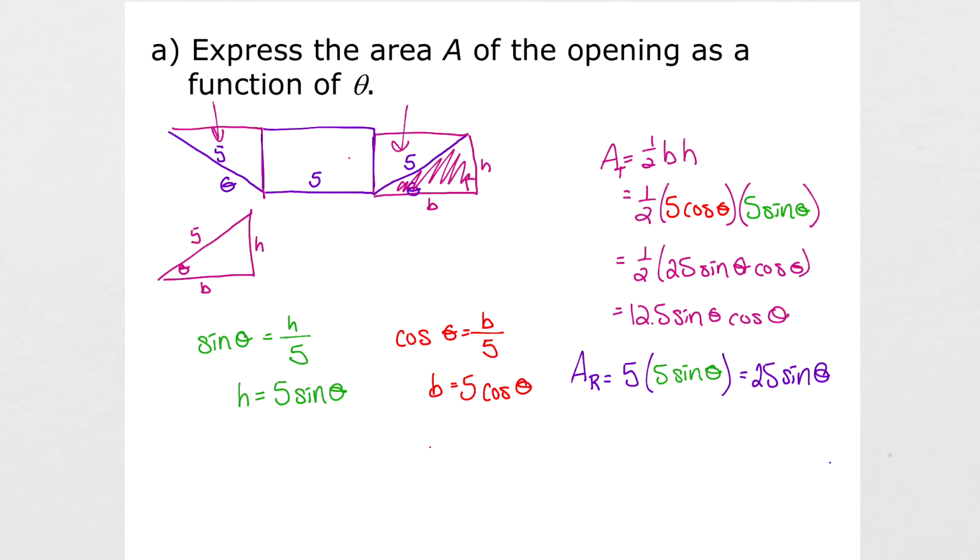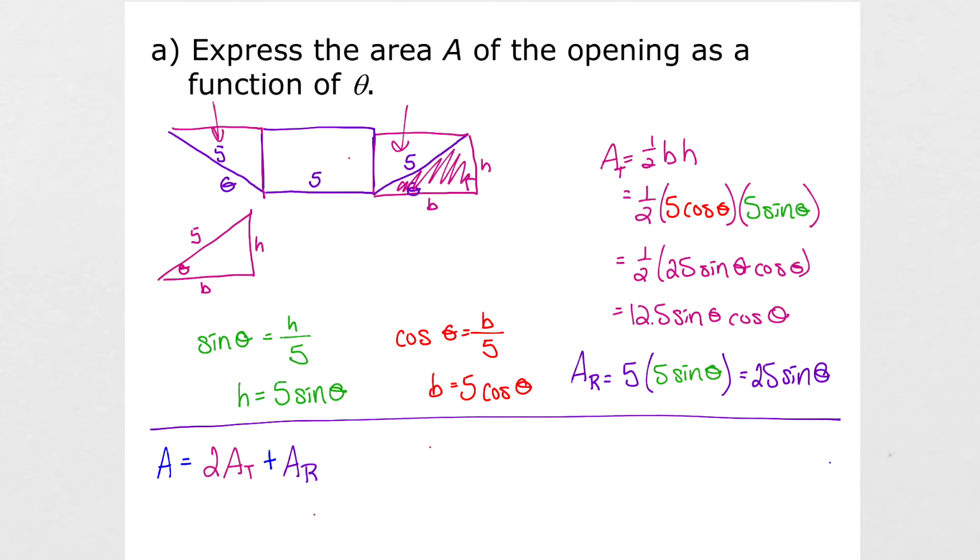So to find the area of the whole thing, we're going to take the area of our triangles. We've got 2 triangles, so multiply by 2, and add that to the area of our rectangle.